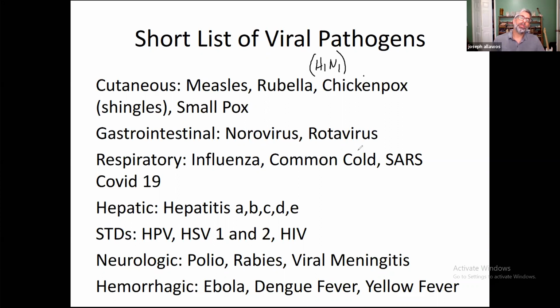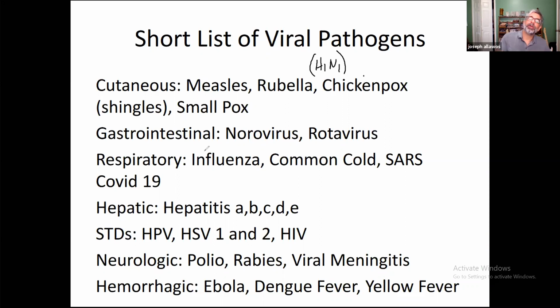Okay, so there are lots and lots of different kinds of viruses which infect humans. They infect different parts of your body. This is a short list. Obviously, there are lots of other ones, but we can start here, and we're going to touch upon a bunch of the really important viruses which infect humans.